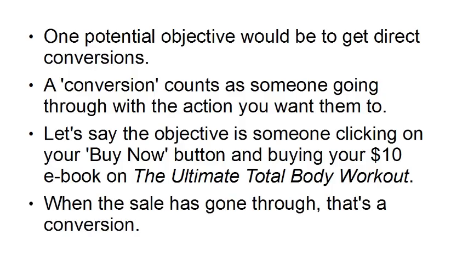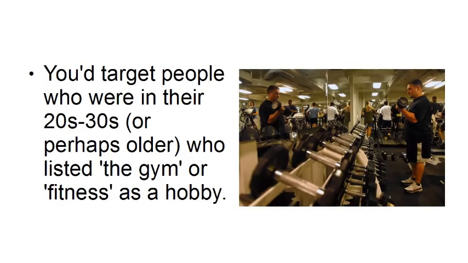And when the sale has gone through, that's a conversion. So it's making a direct sale from your website via a Facebook ad, which is fairly straightforward. So what you do for this ad is you would target people who were in their 20s or 30s, or perhaps older, who listed the gym or fitness as a hobby in their Facebook profile.